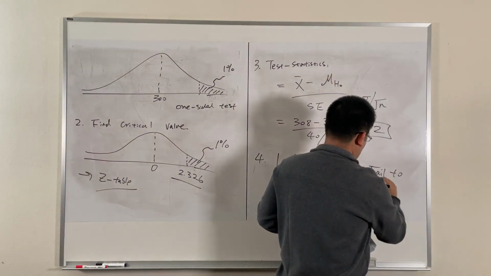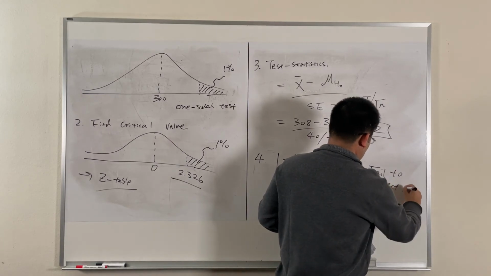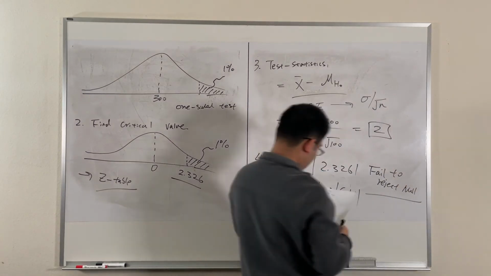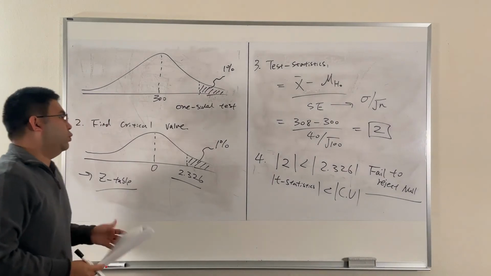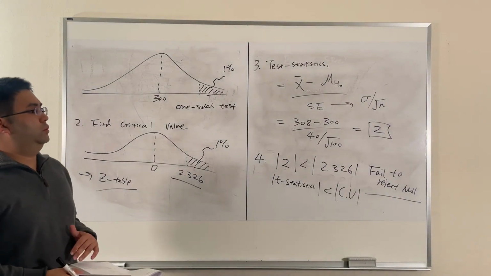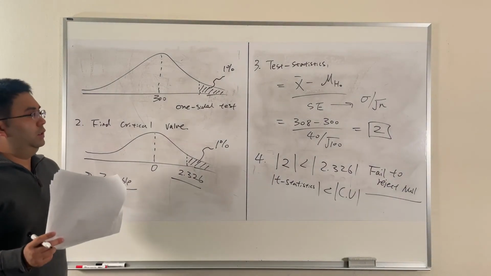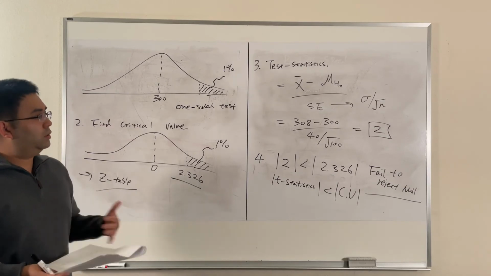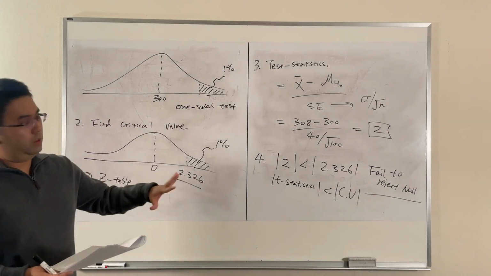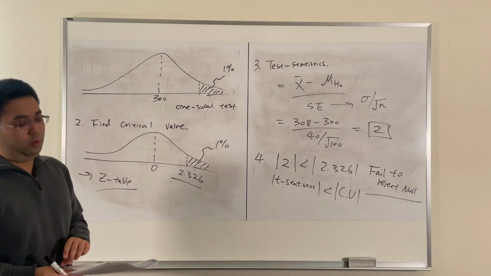Fail to reject our null hypothesis. Okay? So if a question asks you to do hypothesis testing and doesn't ask you to calculate the p-value, you're done, right? You're done using method 1.